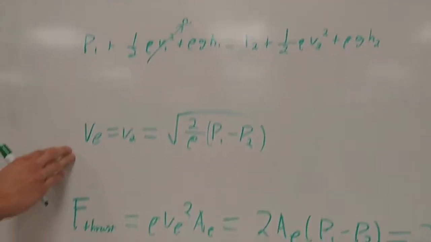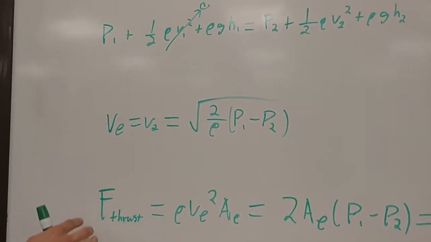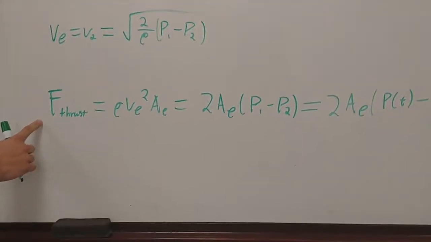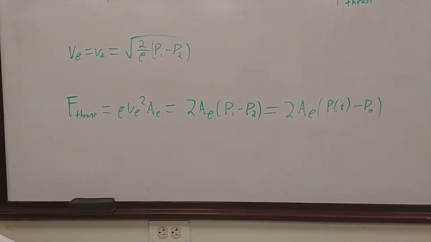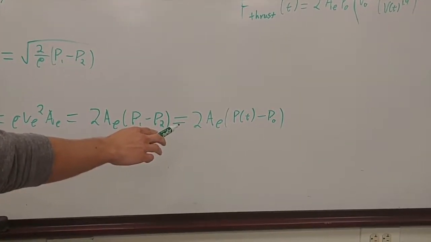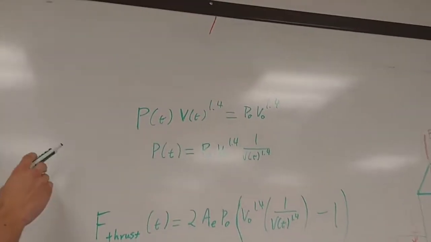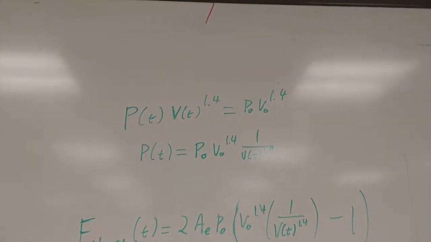So here we get our expression for velocity, plug that into our thrust along with the mass flow rate, and we get an expression that depends on pressure as a function of time. To get this, we use adiabatic expansion.